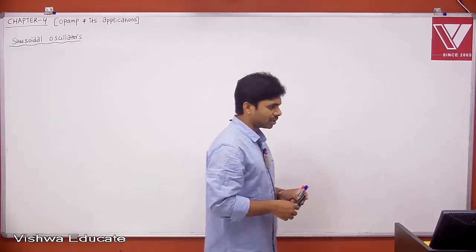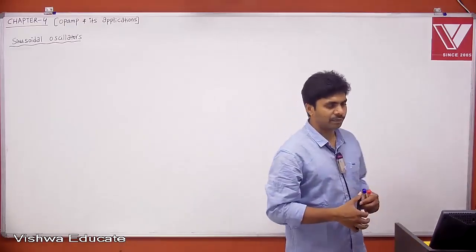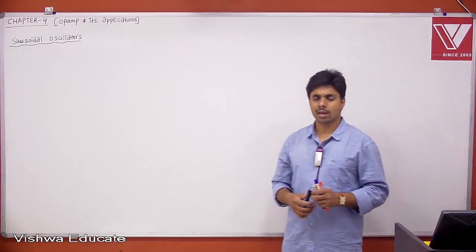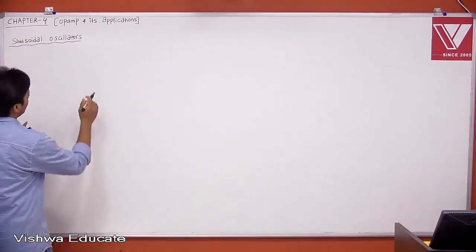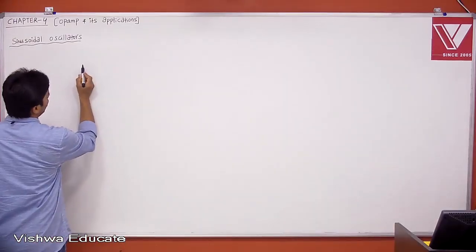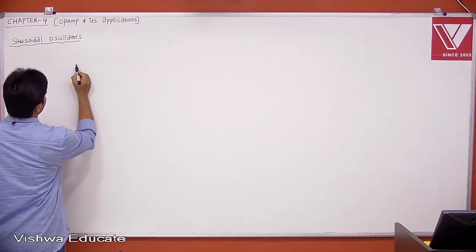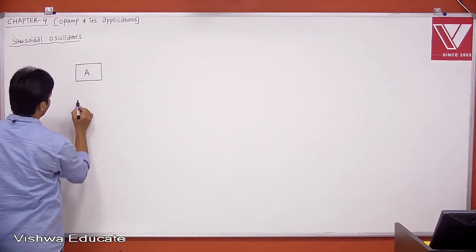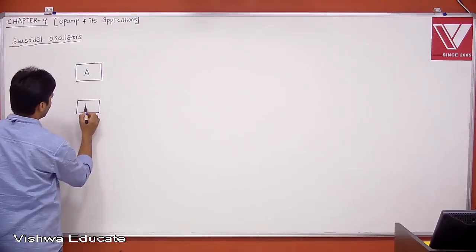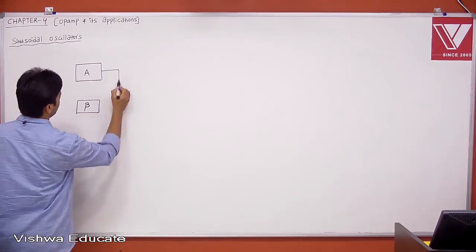Listen, we are considering a feedback system with open loop gain A and a beta network, which is a passive network.